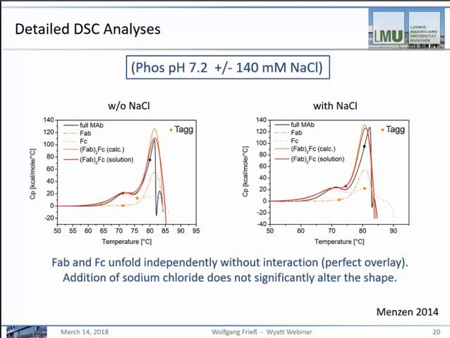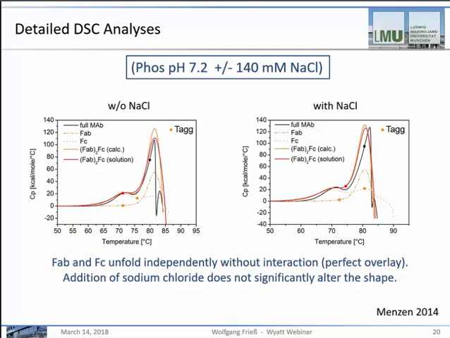When we look at the overlap of these curves and compare it to the full mAb, just doing the calculations and comparing the curves, we see that there's a perfect overlay between the full mAb and the fragments. Now, when we do this in the presence of sodium chloride on the right-hand side, we see basically a similar picture.